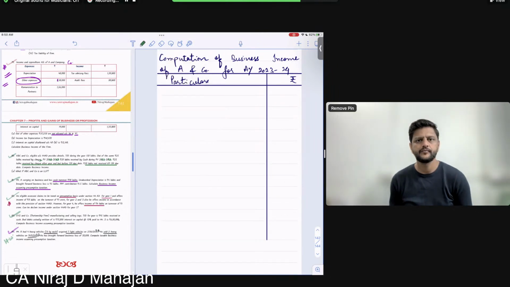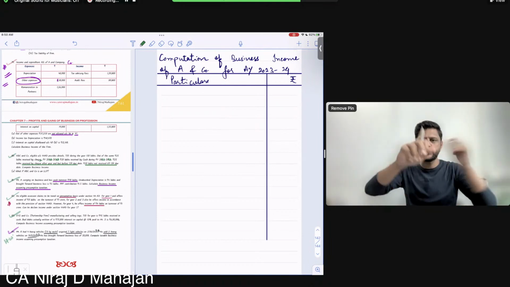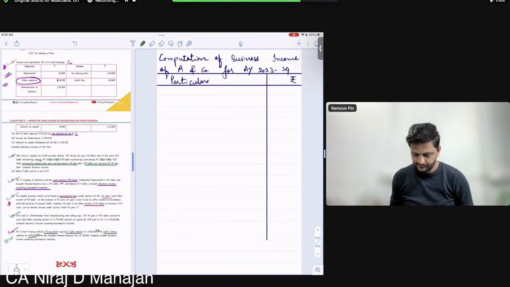Computation of business income of A and company, for AY 23-24, particulars, rupees.